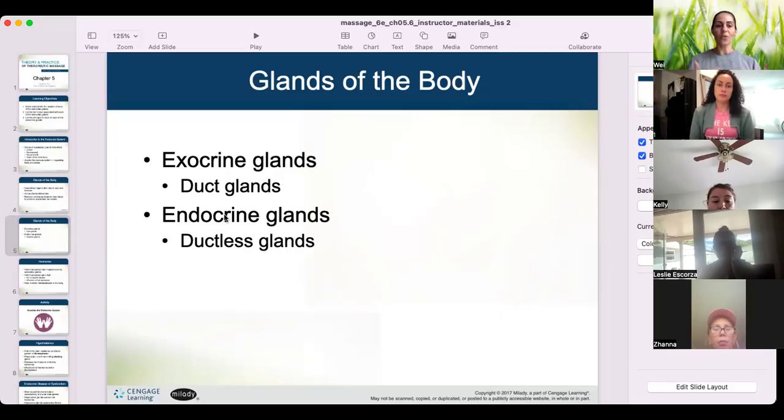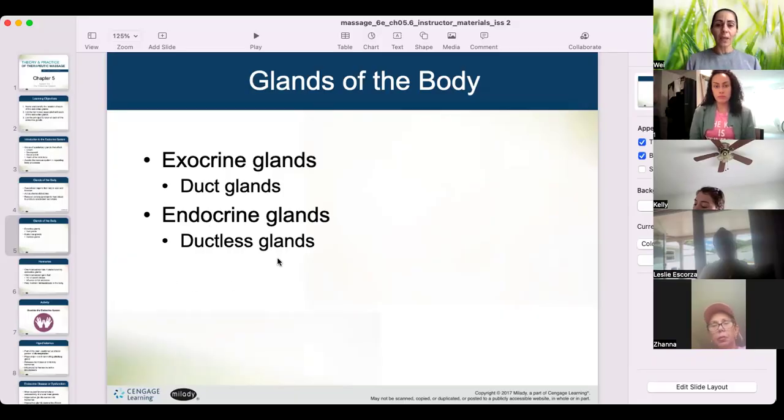So the speed of the secretions and how they work in the body is according to the cycle of the blood. So again, exocrine, with a duct, could be like your sweat glands on the skin, right? The sebum and the sweat, okay? The oil, the hair oil, the oil that gets secreted in the scalp, for example, goes through an exocrine gland.